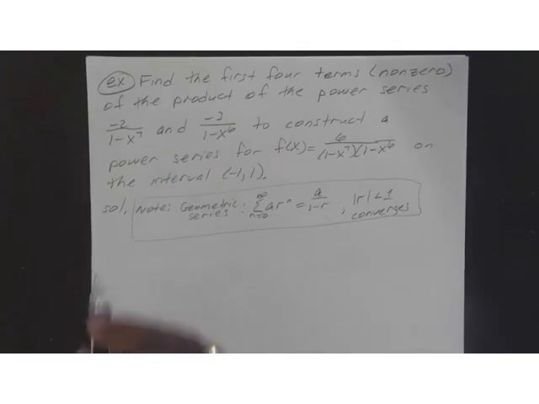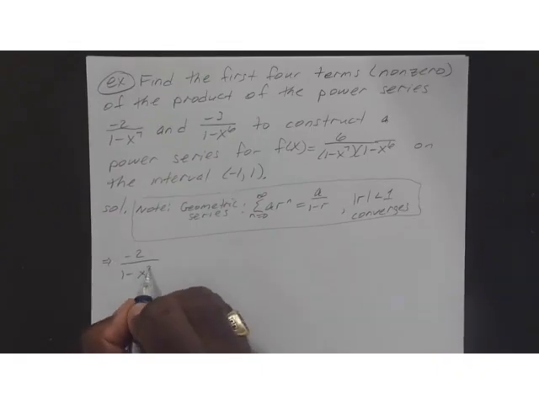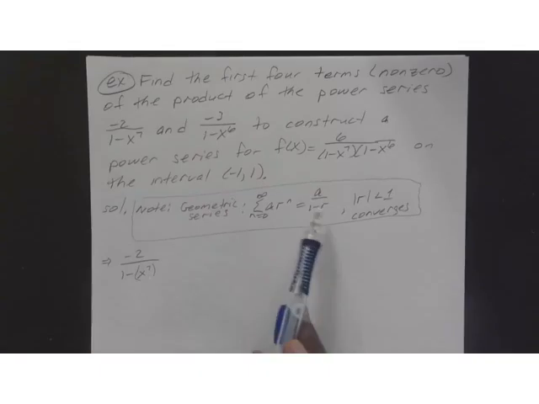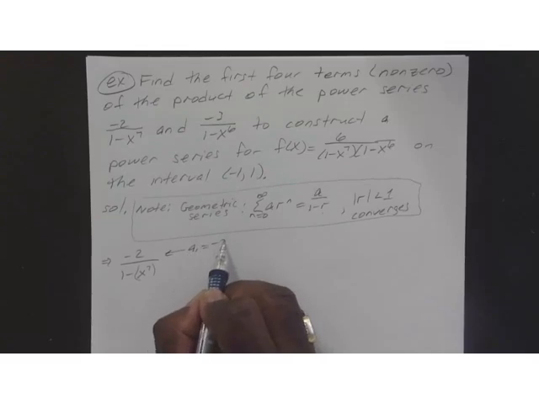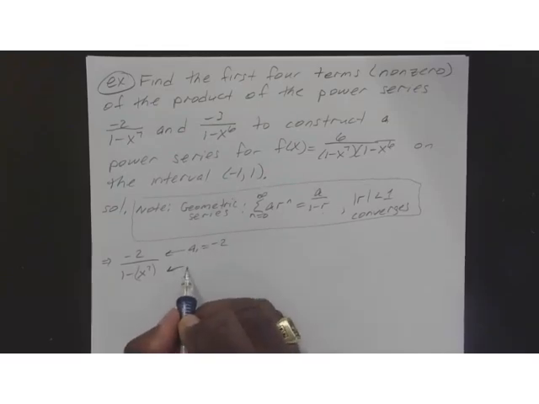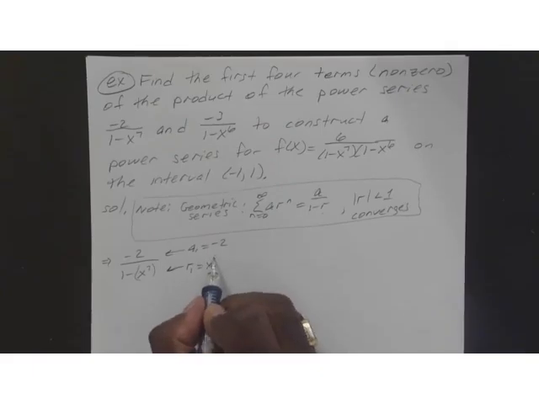Okay, so now we get our negative 2 over 1 minus x to the 7th power. Well, that's already in our 1 minus r form. We see that a number 1 is equal to negative 2, and r number 1 is equal to x to the 7th power.